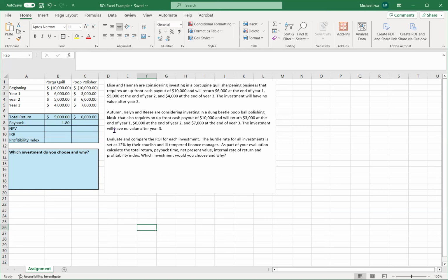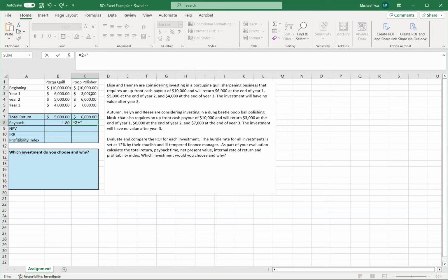So in the second year, we can see that after 1 year, we put out 10,000, we got 3,000 back. So we're still 7,000 in the hole. In the second year, we got 6,000 back. So we're still $1,000 in the hole. And in the third year, we're going to do 1,000 divided by 7,000. And that will tell us, so we have 2 years plus the amount that we're still in the hole.